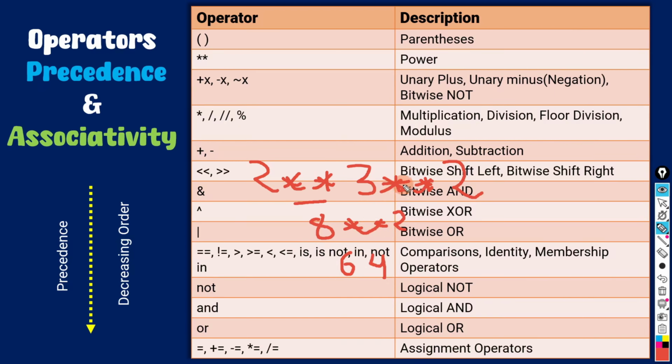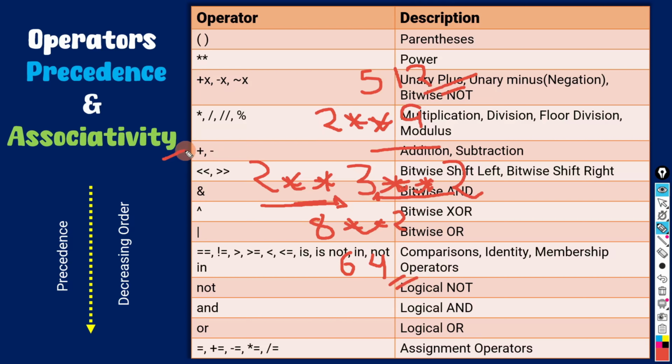But if we first perform this power operation, which is 3 to the power 2, it will give us 9. Next, if we perform 2 to the power 9, it will give us 512. Now you will realize if we simplify this expression from left to right, we are getting 64. But if we simplify this expression from right towards left, we are getting 512. Now which is correct? Is 64 correct or is 512 correct?